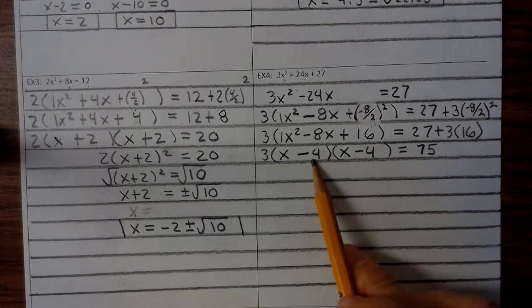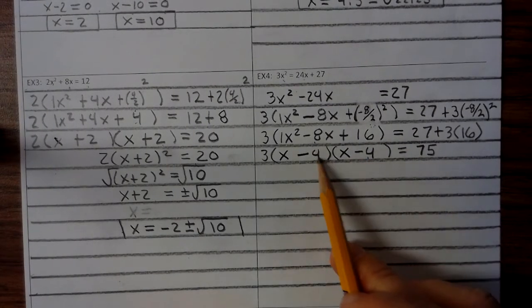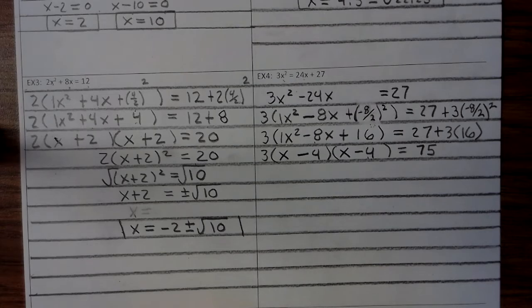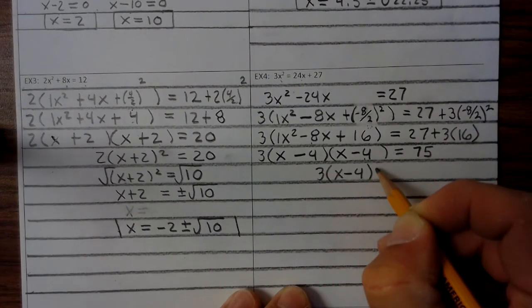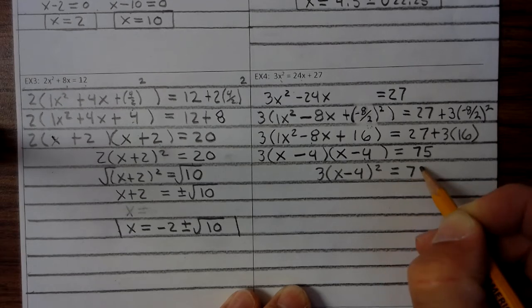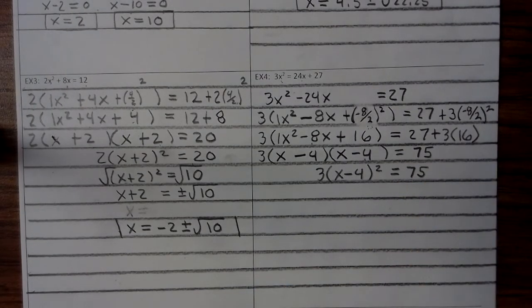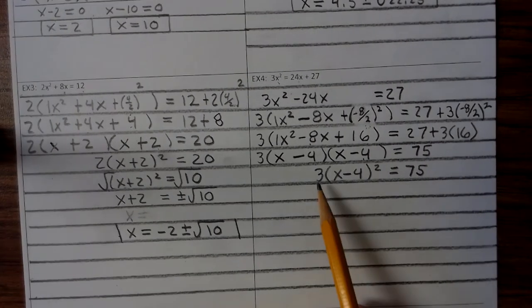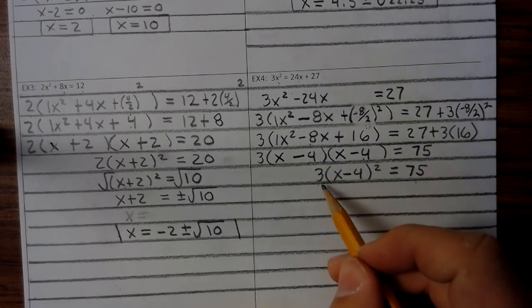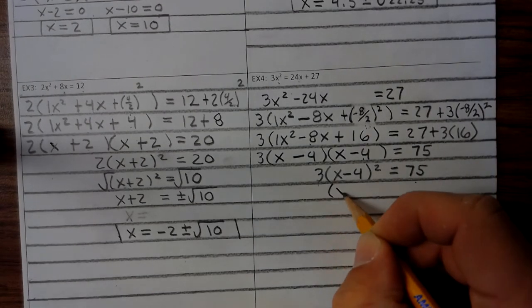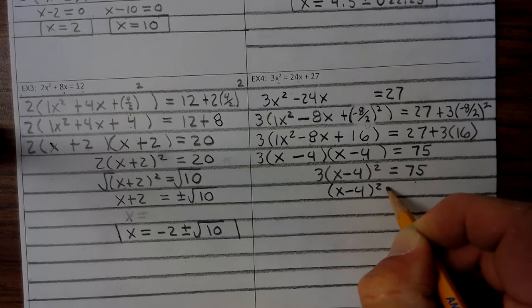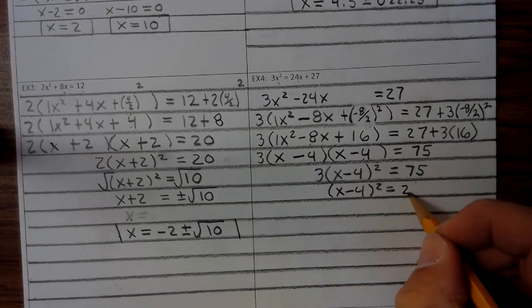So -4 and -4 combine to be -8, and -4 times -4 is 16, so that works. So then that's 3 times x minus 4 squared equals 75. Okay. Now we need to divide both sides by 3. So 3 divided by 3 is 1, and 75 divided by 3 is 25. So that's x minus 4 squared equals 25.